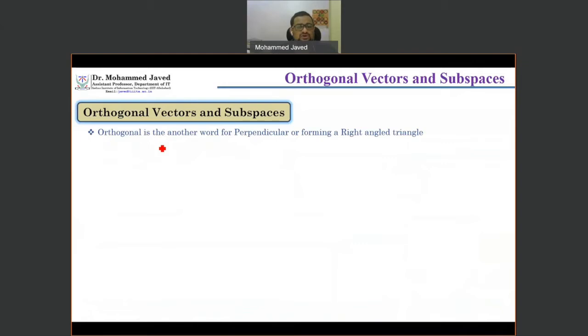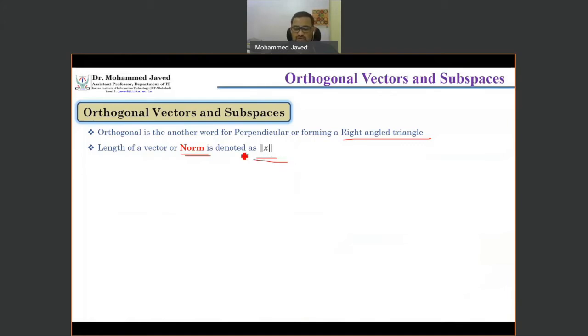Orthogonal is another word for perpendicular, or forming a right-angled triangle, which we should remember. The length of a vector is also called the norm, which is very popularly used in the literature of machine learning and image processing. It is represented by the modulus x symbol.